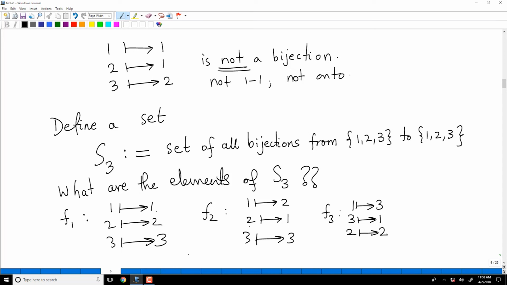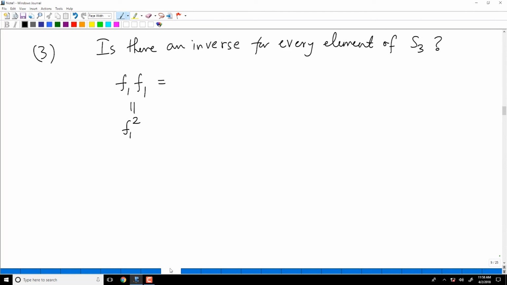F1 squared is simply F1, that is obvious. I want to do F2 squared. What does F2 squared do? 1 goes to 2, but 2 goes to 1. So F2 squared sends 1 to 1, and 2 goes to 2, and 3 anyway does not move under F2, so 3 goes to 3 under F2 squared also.